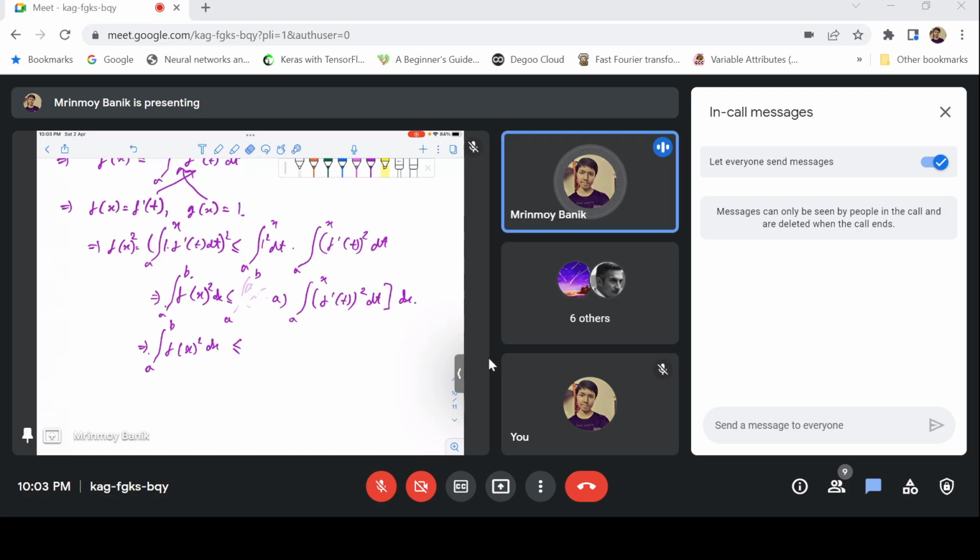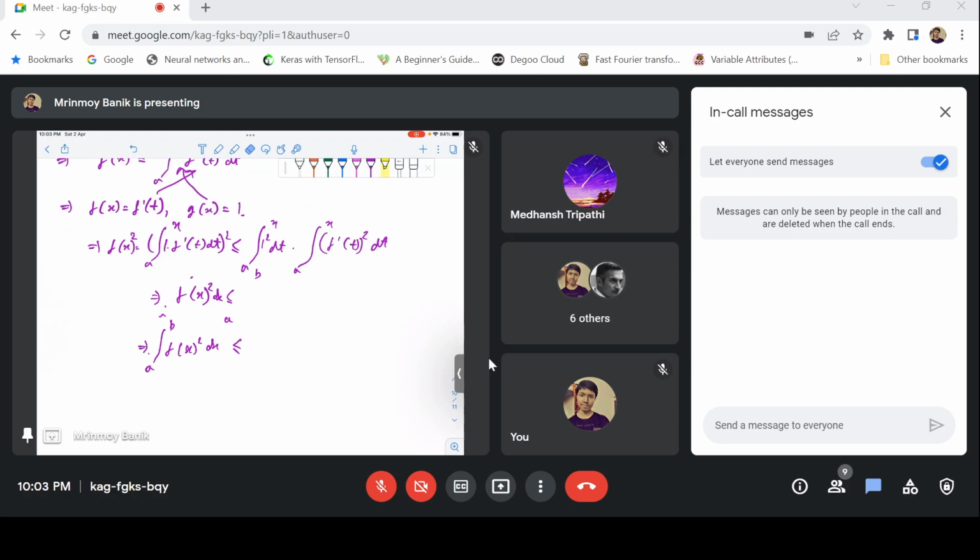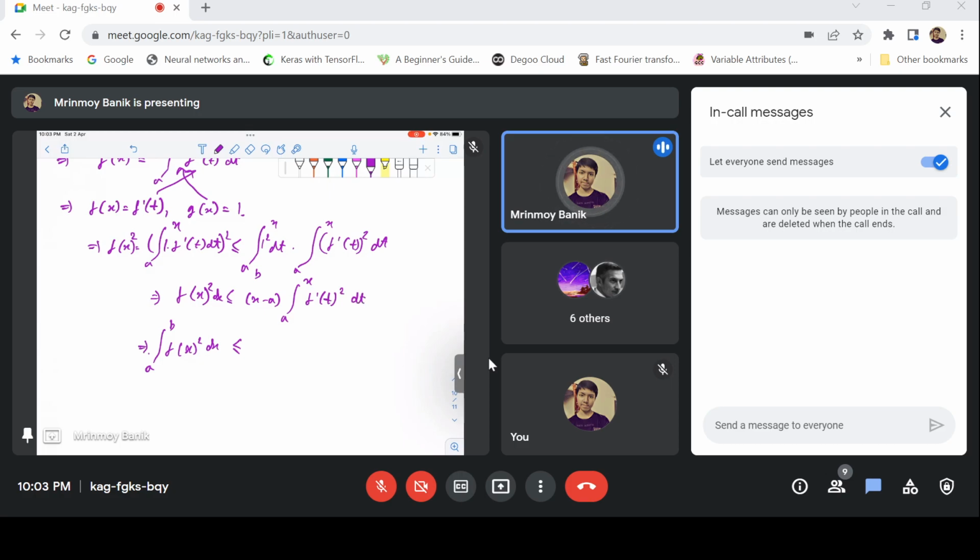So before integrating, x minus a times the integral from a to x of f dashed t squared dt is less than b minus a times the integral from a to x of f dashed t squared dt.